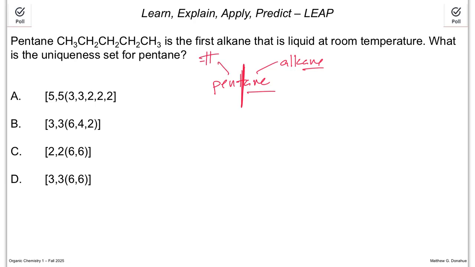And now the front part of that tells you the number of carbons. So you can see pentane, that CH3, CH2, and so on. I'm just going to redraw it though. So that's pentane. So for our uniqueness, we want to consider carbon first, then hydrogen, then the ratio.